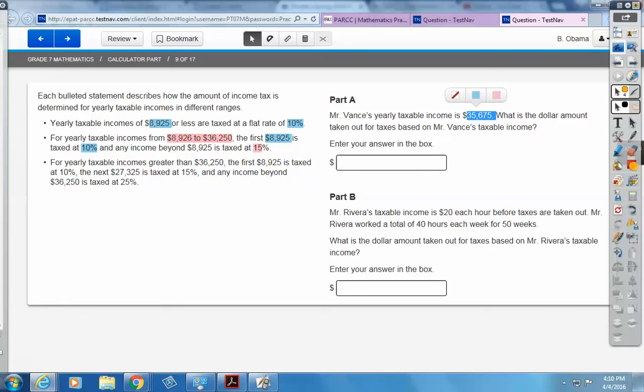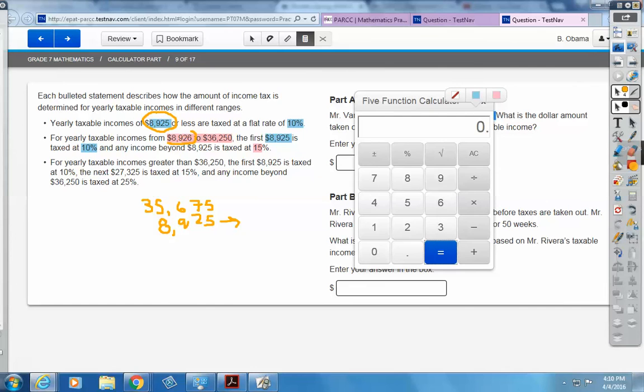What is the dollar amount taken out of taxes based on sales? Okay, so first, we're going to have a little list going. So his first 8,925 is taxed at 10%, and 10% of that, and since this is a calculator portion, I know you could do this in your head, right?